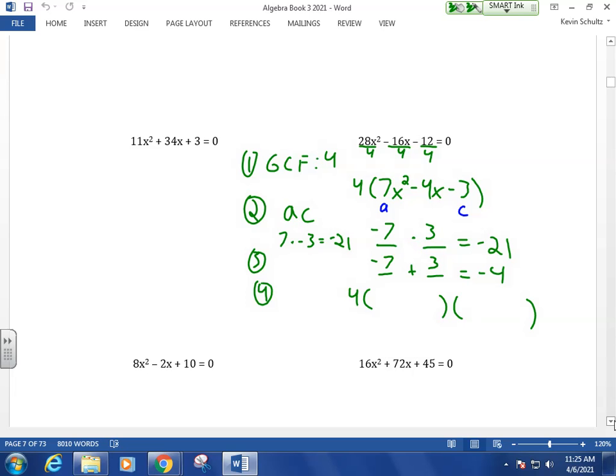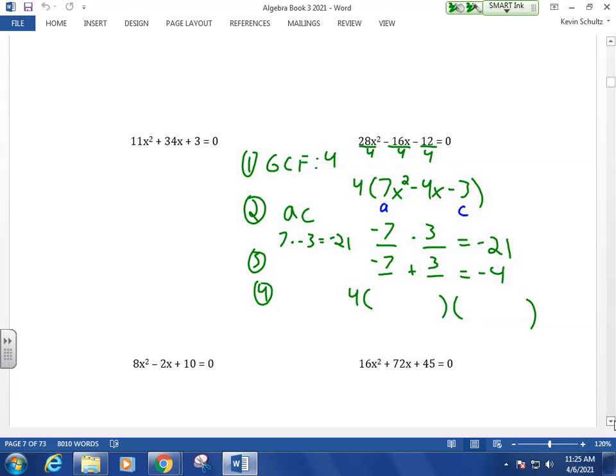This is a step that oftentimes gets missed or messed up. What term does each set of parentheses get? What term do we put in both? Brent? 7x, right.